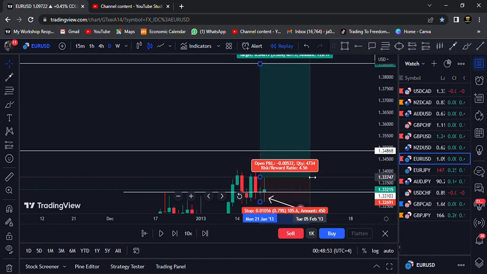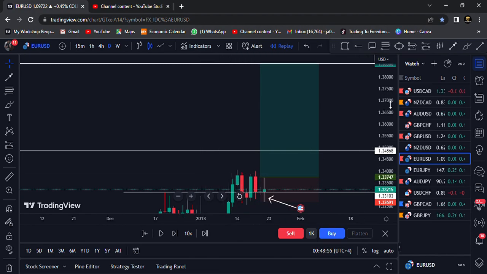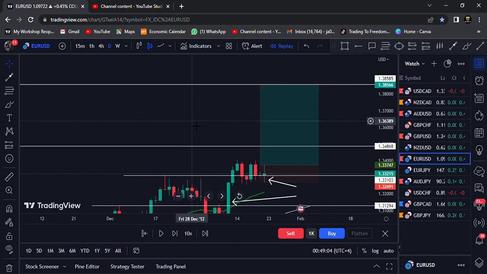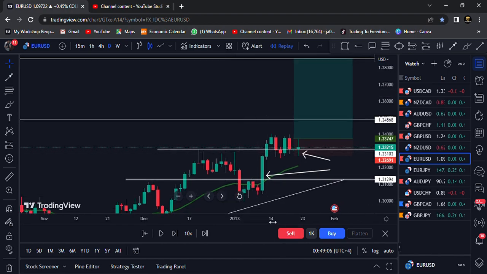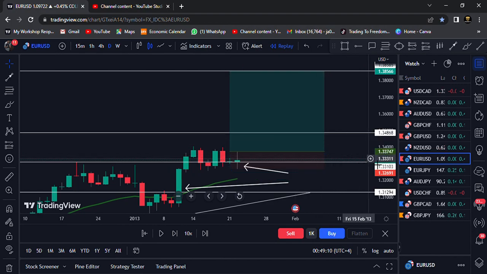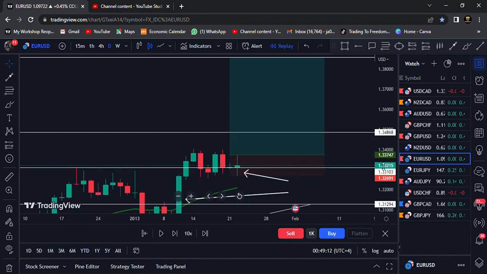So I could still make it like this. It's not still gonna be a 1:1. It's gonna be a 1:4.56. So it's a good trade at the end of the day. But we make sure we take our first profit here so that whatever we are doing, we secure the bag.